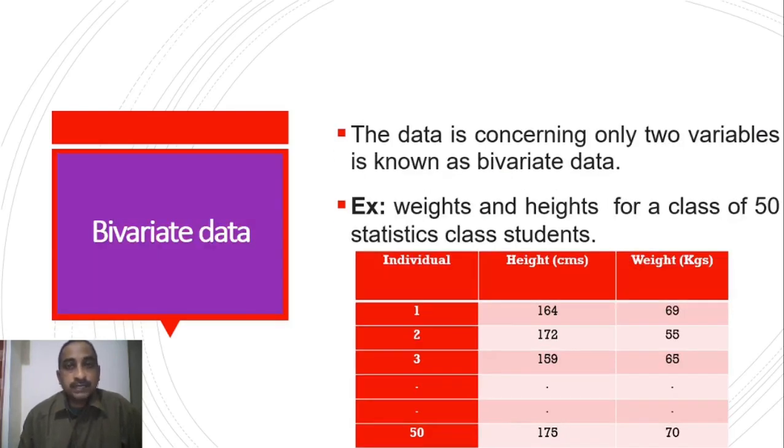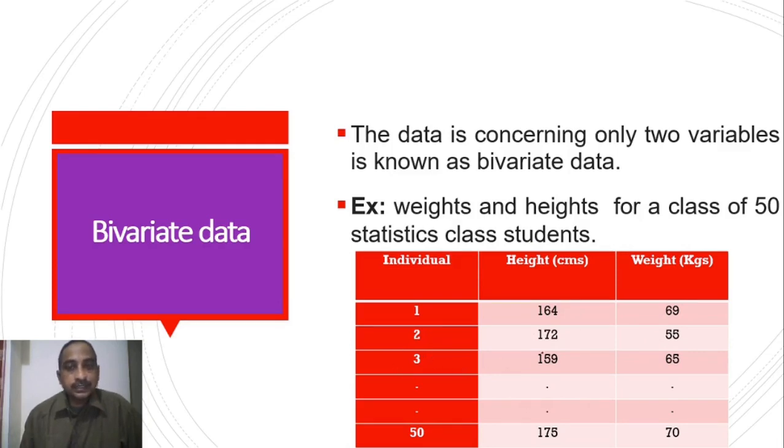The next one is bivariate data. Data concerning only two variables is known as bivariate data. Suppose weights and heights for a class of 50 statistics students. Each individual: height is 164 centimeters, weight is 69 kgs. Second individual, height is 172 centimeters, weight is 55 kilograms.